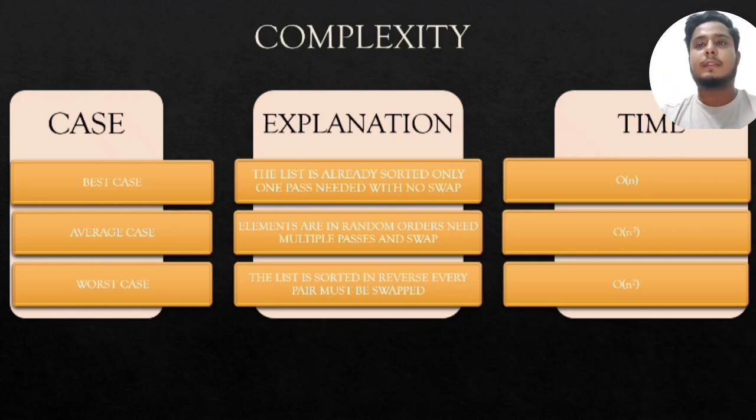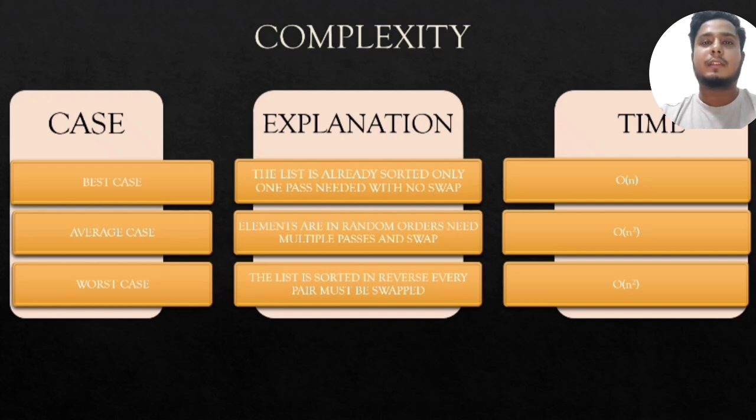Here are some cases and explanation of the time taken. In the best case it will take very little time. The best case is when the list is already sorted: only one pass is needed with no swap, which means an almost sorted list, and it will be very quick.